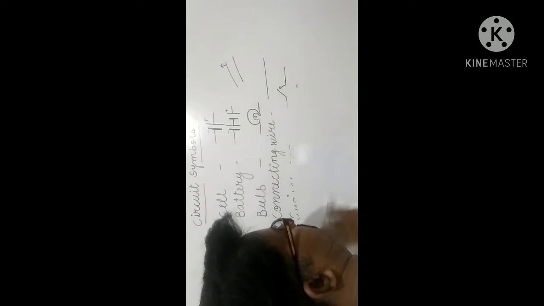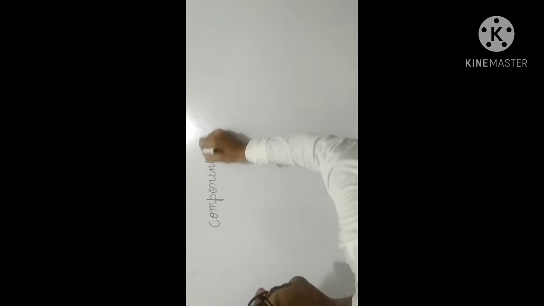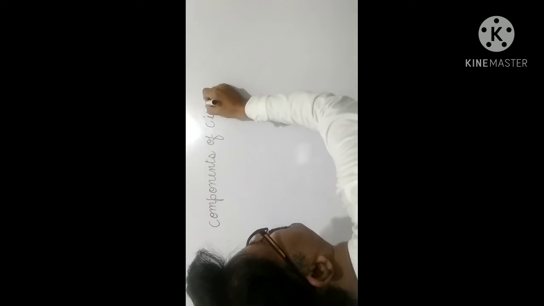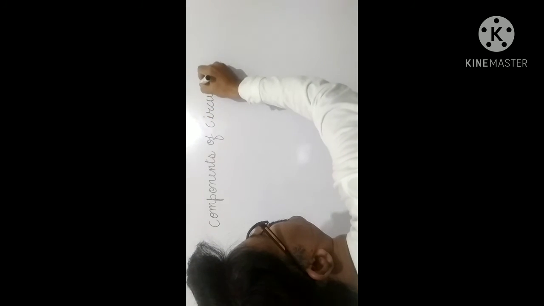Next, we are discussing the components of a circuit. A circuit mainly has four components.